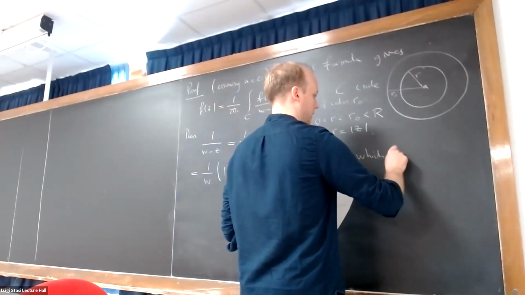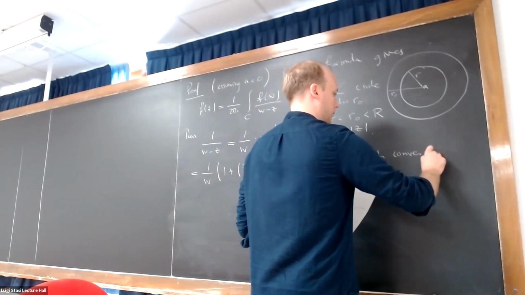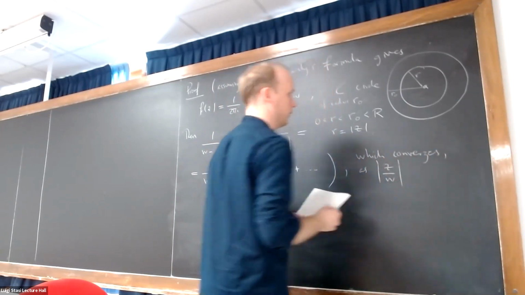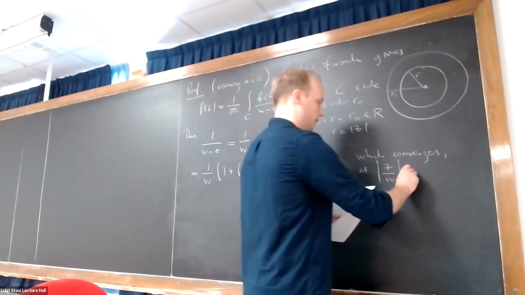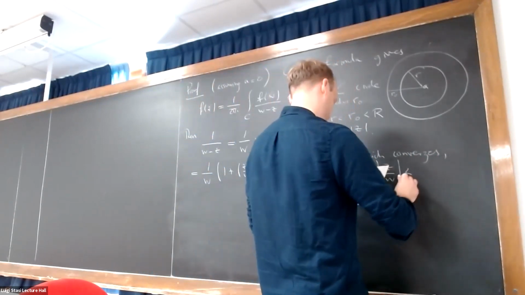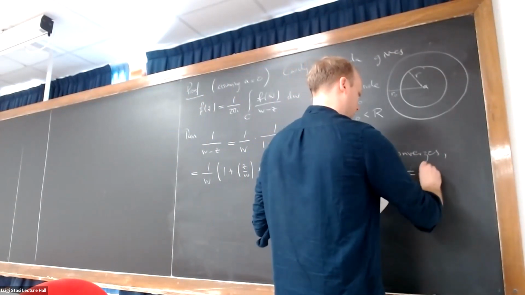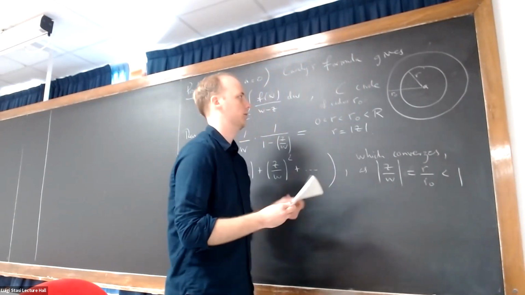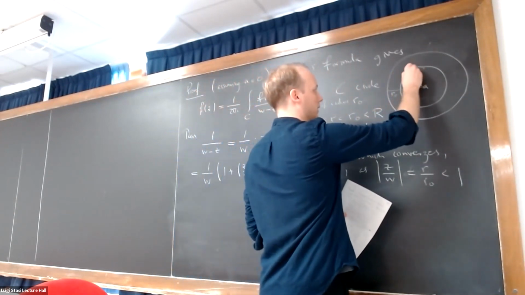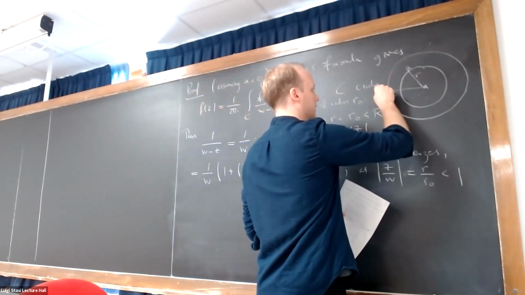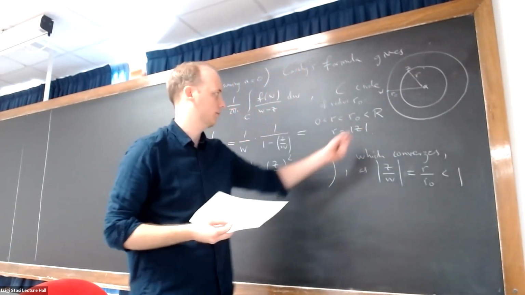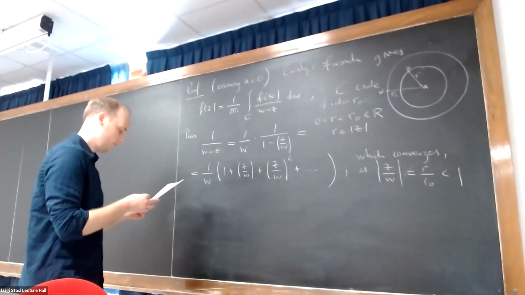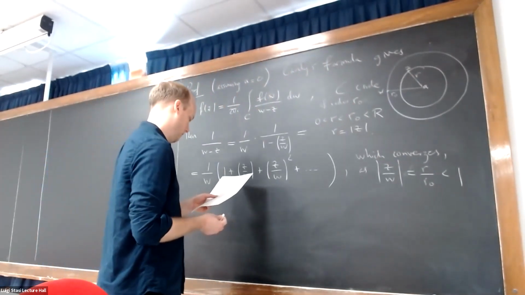We have to be a bit careful, of course, but this converges as the absolute value of z over the absolute value of w, which is equal to r over r0, is less than 1. So z is on this, and this is w. The absolute value of z is smaller than the absolute value of w, so this is convergent.